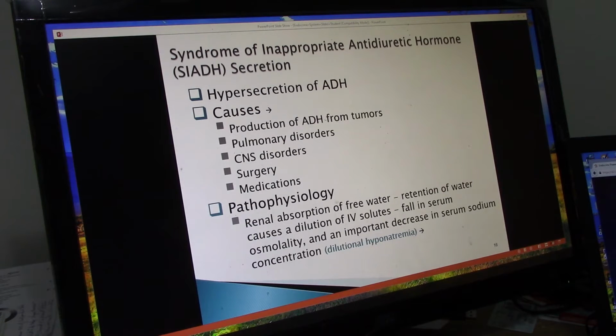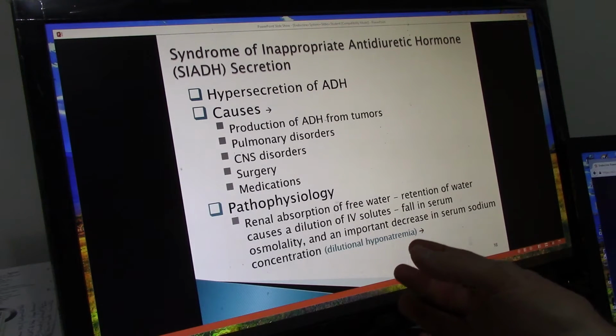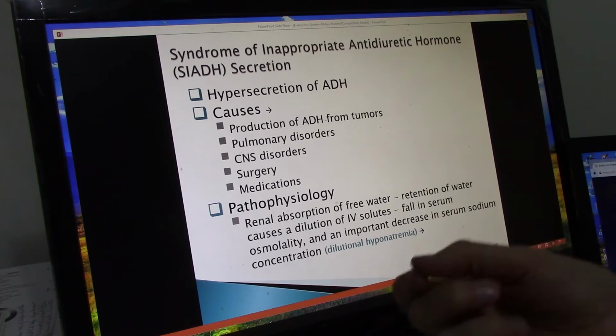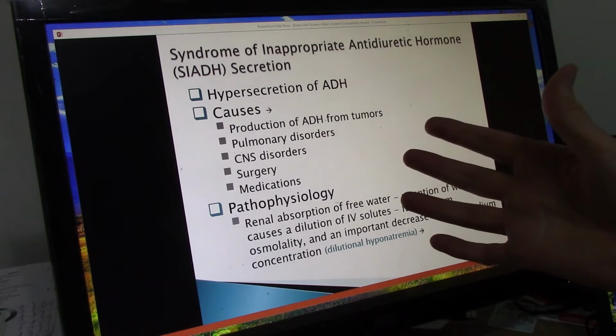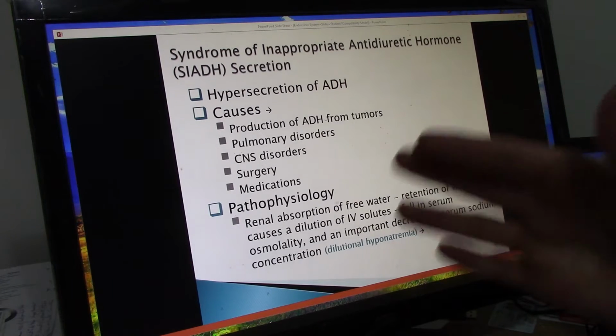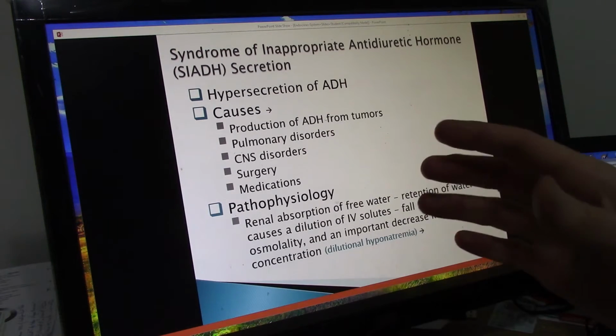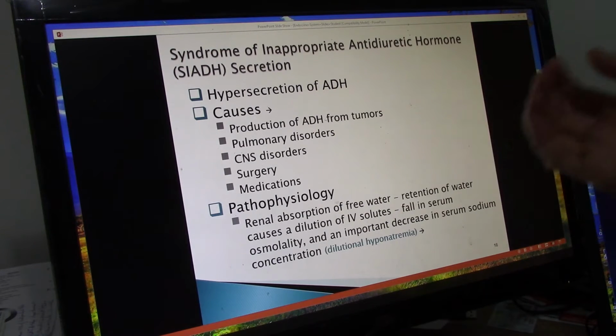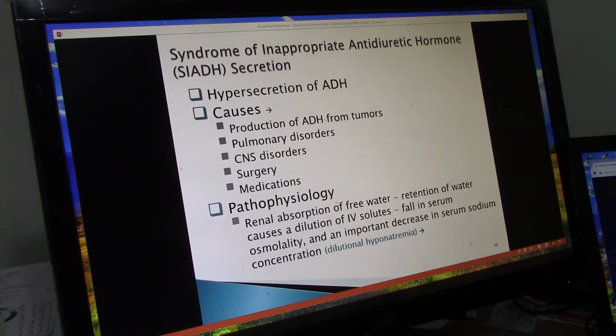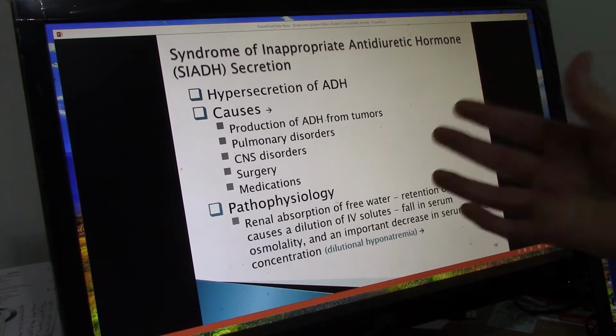That means that you're going to have too much water, and the solutes in the bloodstream are going to be watered down. So, for example, the normal range of sodium is 135 to 145. If you water that down, it's going to be below 135, and you're going to be hyponatremic. And that would be one of the signs of SIADH. And you can see patients that get down into 120, 119, 118, 117.